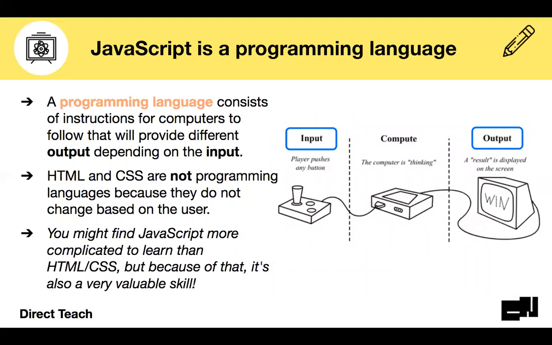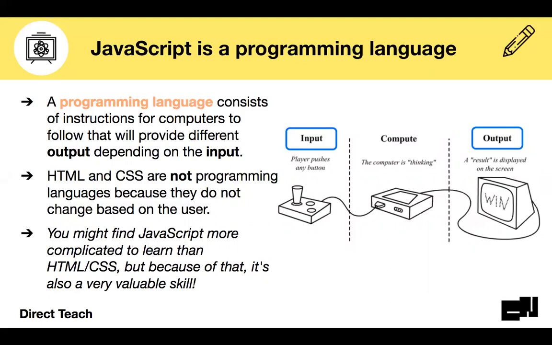Imagine you're playing a video game. You're sitting there, you have the controller in your hand. The input is what you do as a user. So let's say you press A, or you press the stick, or you press B, or whatever. That is the input. It's what you are doing. After you make that input, the computer then processes it. It thinks about what you did.